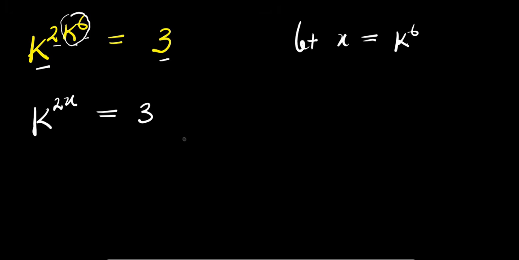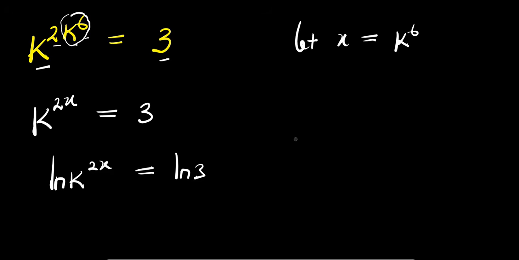So from here, what I'm going to do will be to apply natural log. I have natural log of k to the power of 2x. This equals natural log of 3.